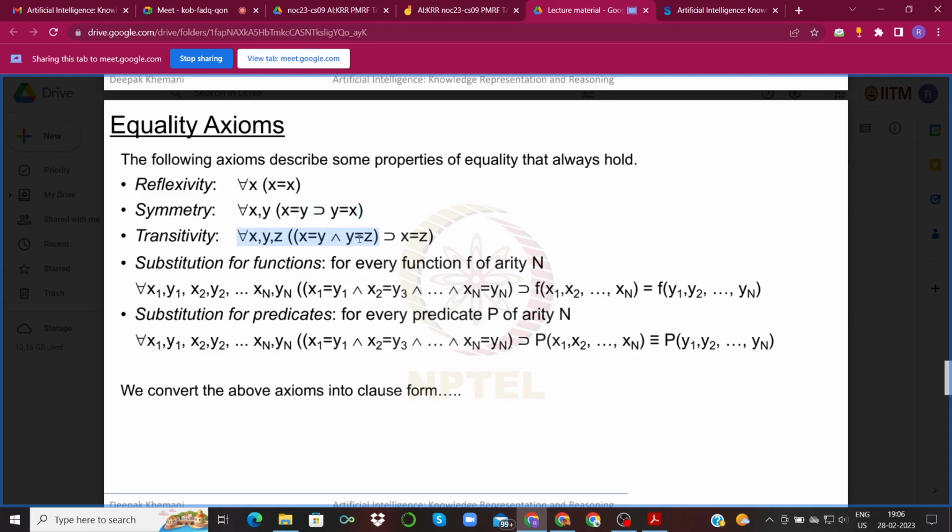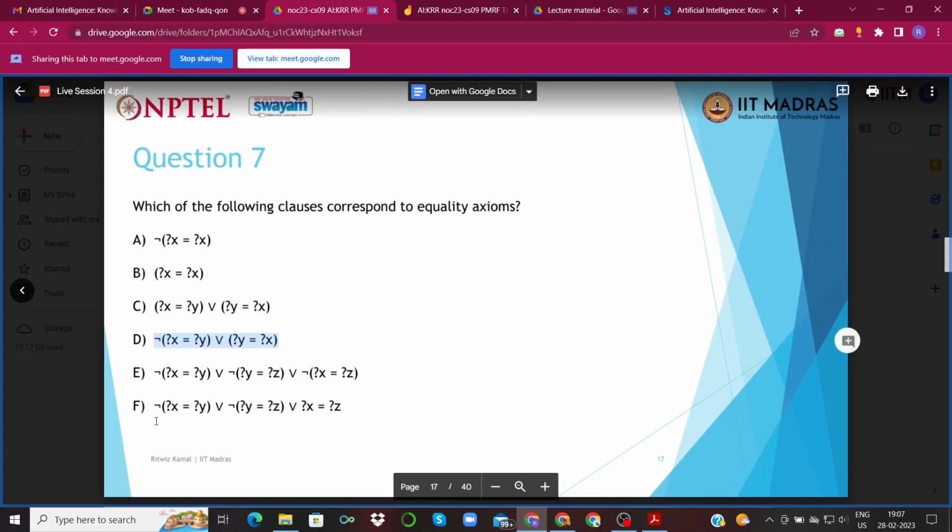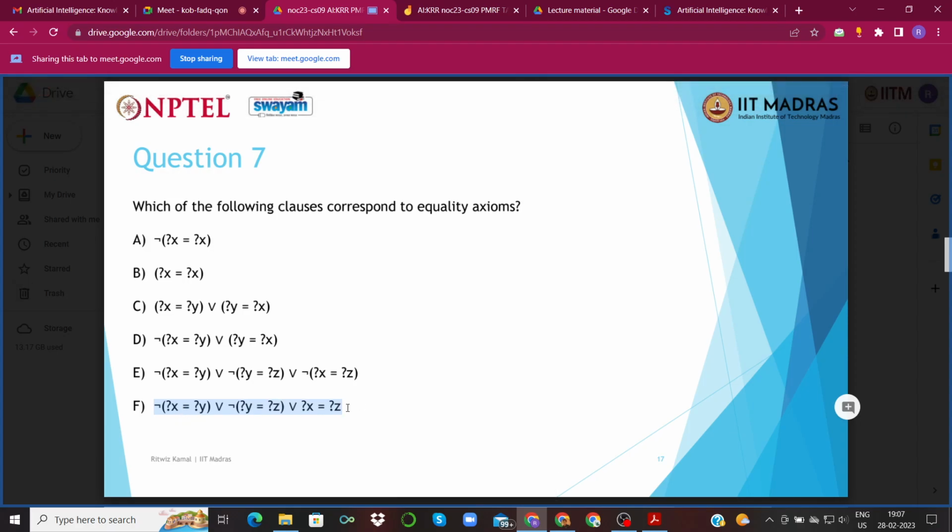Similarly, when you open this transitivity condition, when you open this implies, we would have not of x equals y and y equals z, or x equals z. And if you further expand that negation at the front of it, you would get what is shown in option F: not of x equals y or not of y equals z or x equals z, which basically means that when x equals y and y equals z, this implies that x equals z.